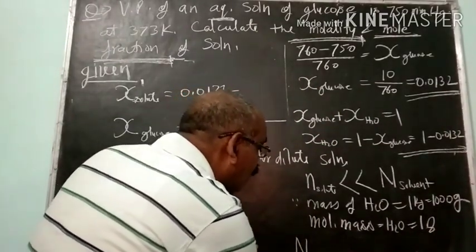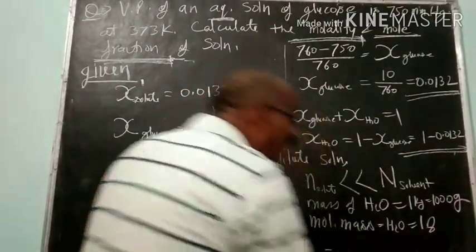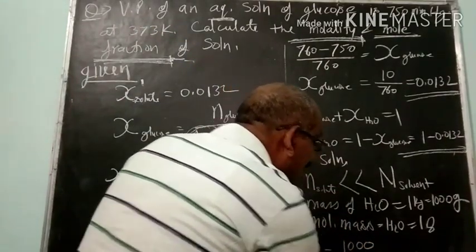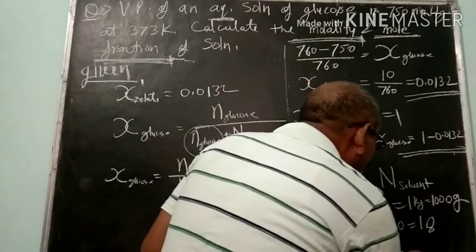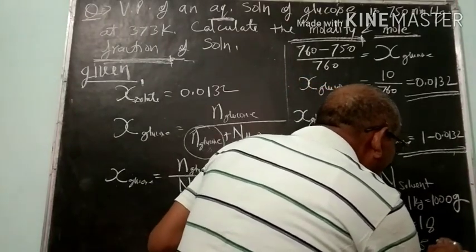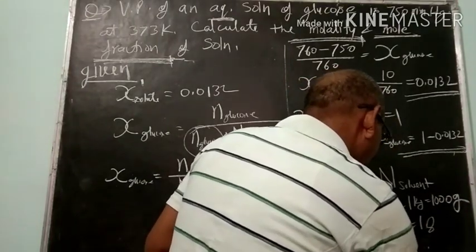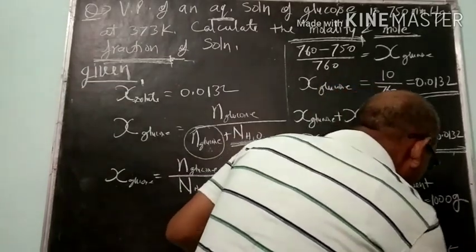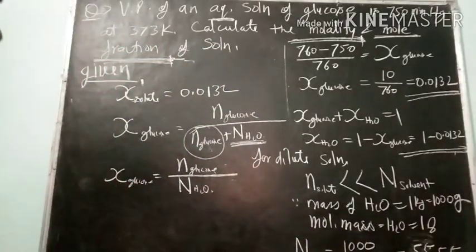Therefore number of moles of water is equal to mass over molecular mass, which is 1000 over 18. So it comes 55.55. These are the number of moles of the water.